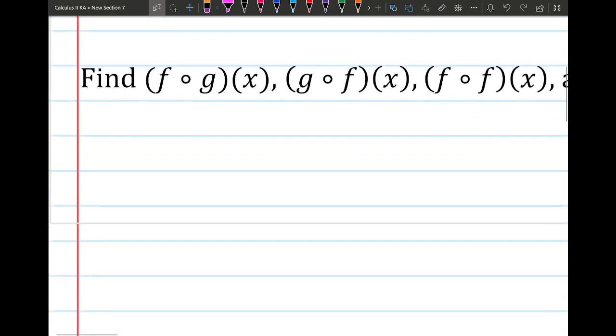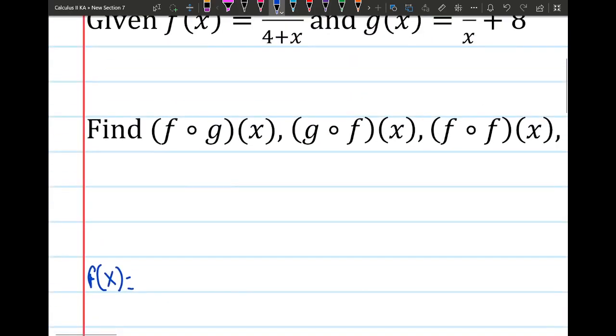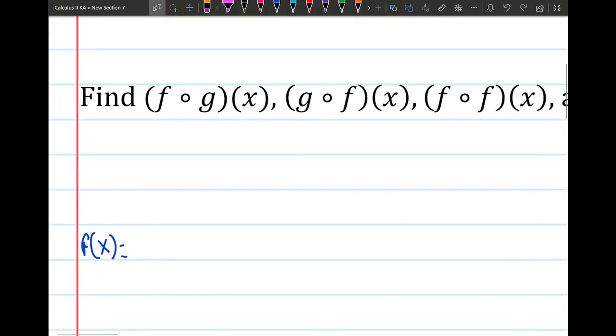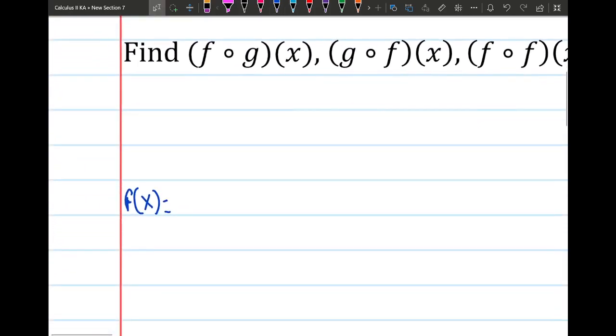Okay, so we're first going to write our functions. I always like to use different colors if that helps you, and it always helps me. I do know that on the test you can't really do that, but if you don't have colors, just do it a little more slowly.